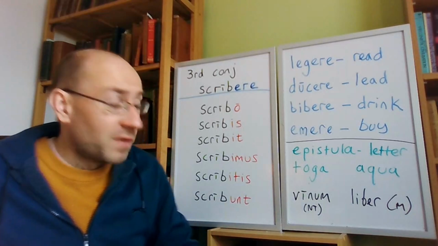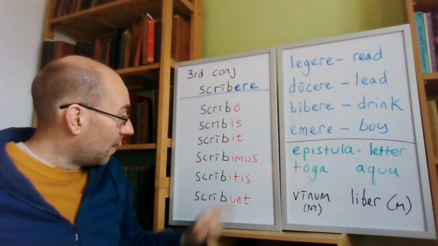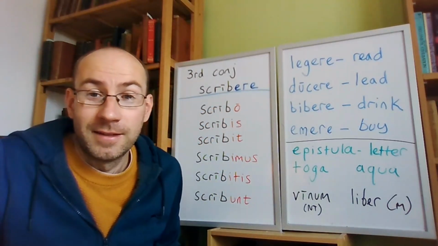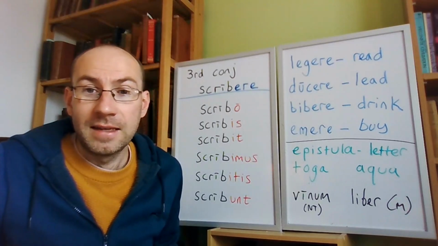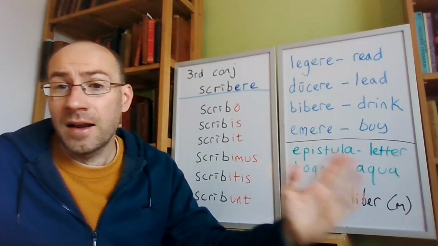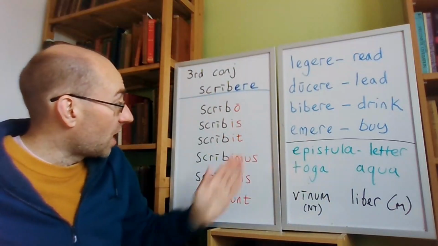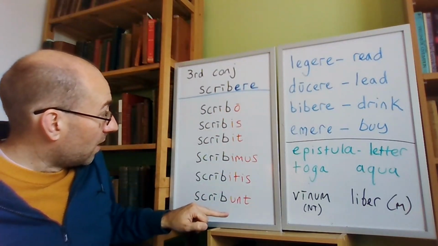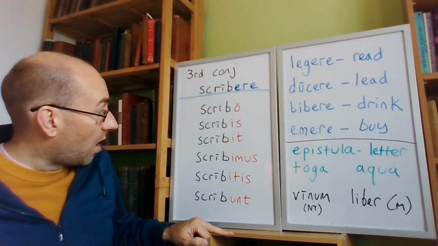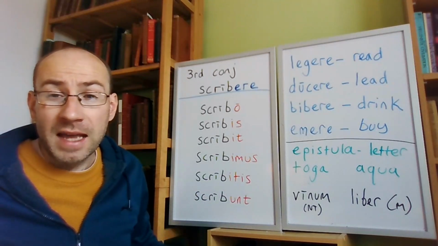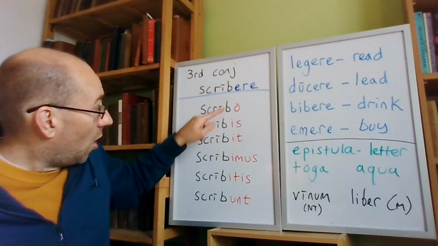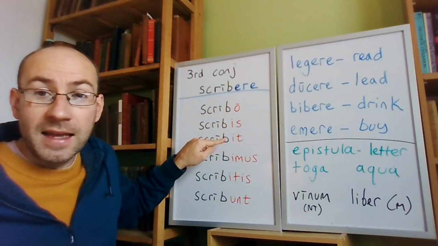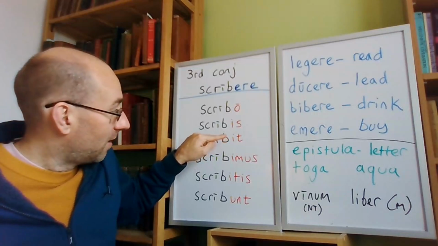As always, we've still got o, s, t, mus, tis, nt, the crucial endings that are always present, be it -are, -ere, or now the third conjugation -ere verb. What's different is the vowel that comes before it. In the first conjugation we had o, as, at. Second we've got eo, es, et. Now we've got o, is, it. So the I has come into play.